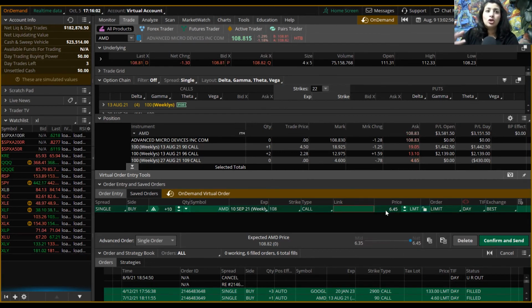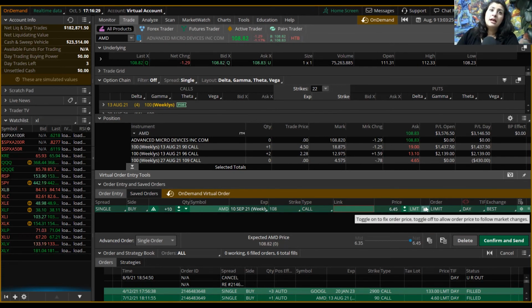But let's say you're trying to be really aggressive and you're waiting for a bit of a pullback and you want to drop the buy price down, then you will have to lock it so that it doesn't fluctuate with the bid ask spread of the underlying. But if you don't care, you're just trying to get in as quickly as possible, then you just left click and it should toggle off. Left click and it toggles off. Okay, I'll try that. Thank you.